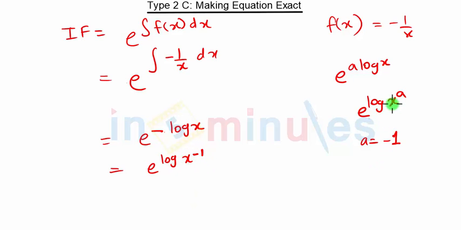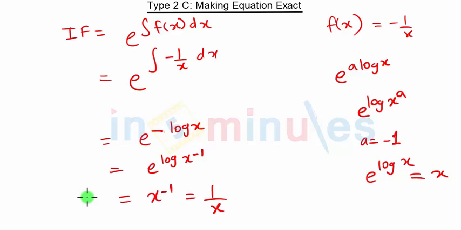We know that e raised to log of x is nothing but x, because this exponential and log can be replaced by only this x. This is the property of log and exponential. So this is nothing but x raised to minus 1, which is equal to 1 upon x. So our integrating factor is 1 upon x.